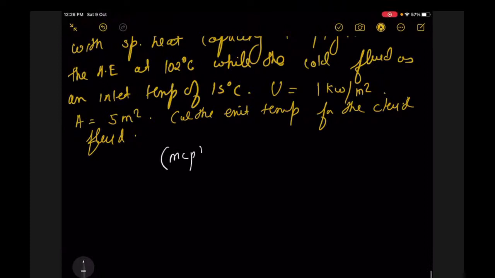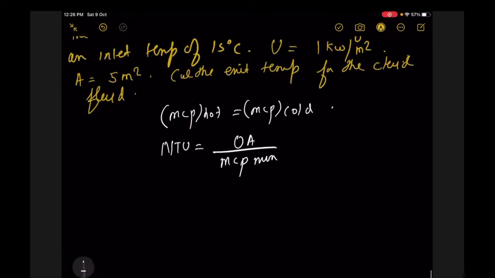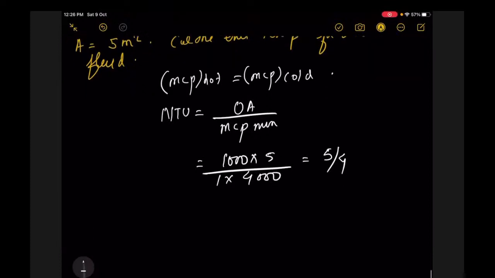Here MCp hot is equal to MCp cold. We will first calculate NTU, which is UA over MCp minimum: 1000 into 5 over 1 into 4000 equals 5 by 4.